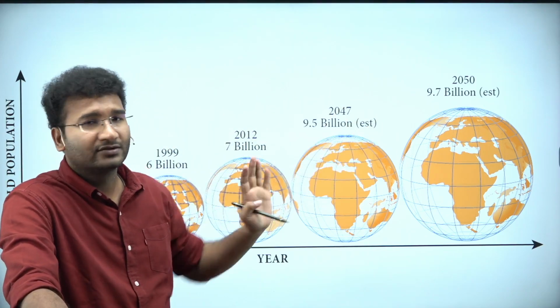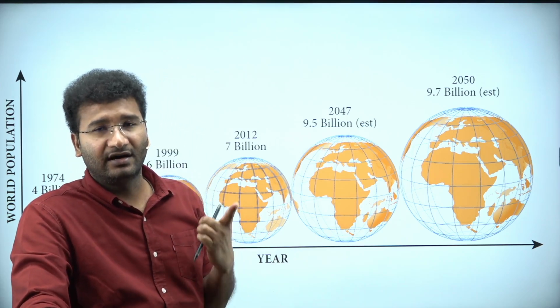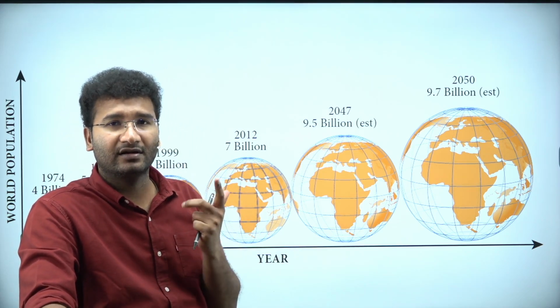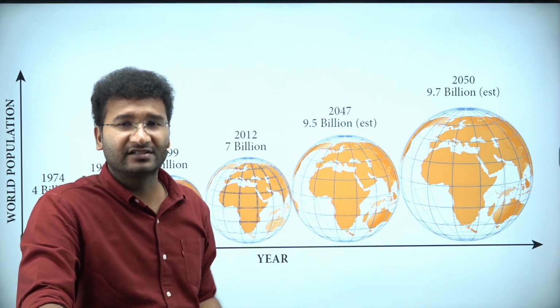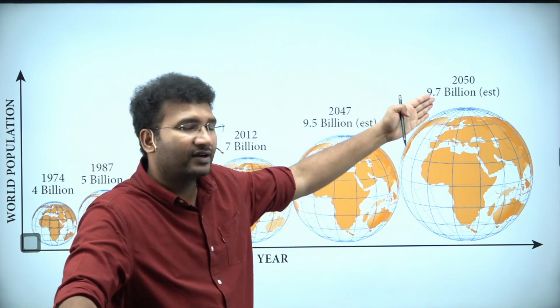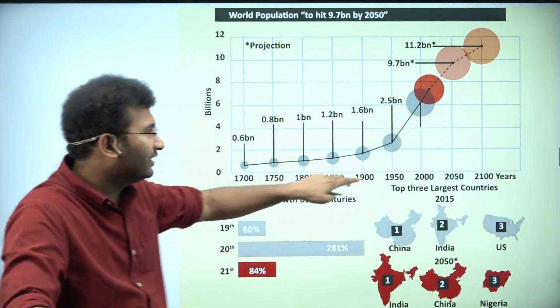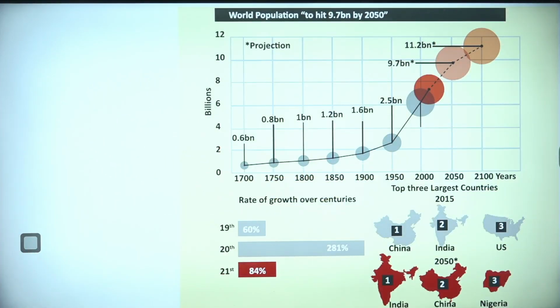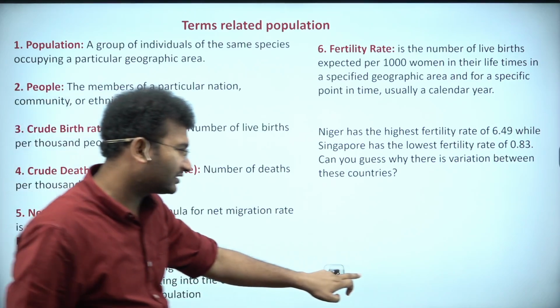So by 2050, our resources will be exhausted, our minerals will be exhausted, our natural resources do not have the capacity to sustain themselves, and the chances of climate change can also hit very hard in this time period. That's why we need to go for clean and green, and the projection is very high. By 2100 it is going to be 11.2 or 11.3 billion.